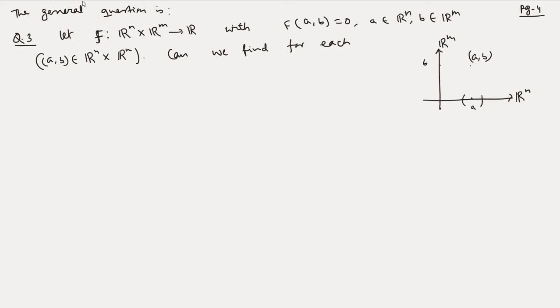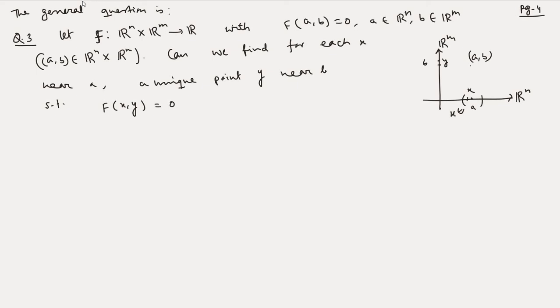So can we find for each x near a, suppose here this is the point x, a unique point y near b, so some point y near b, such that F of x comma y is equal to 0.